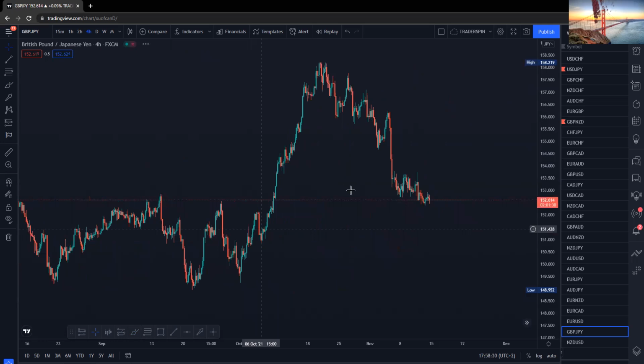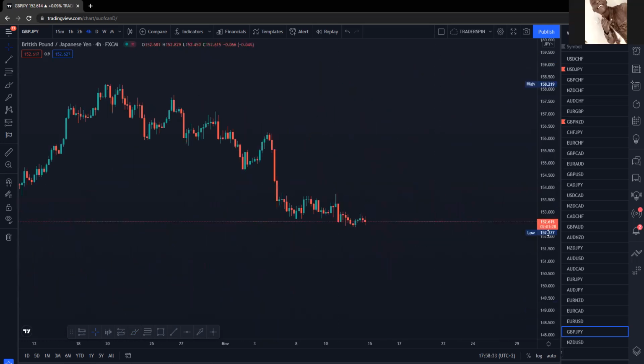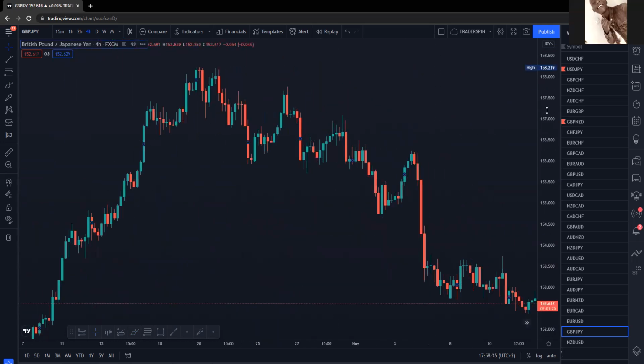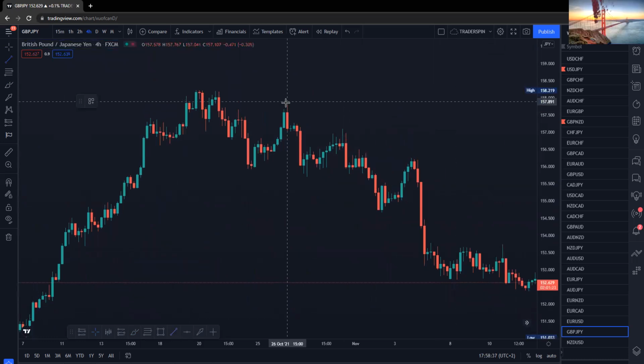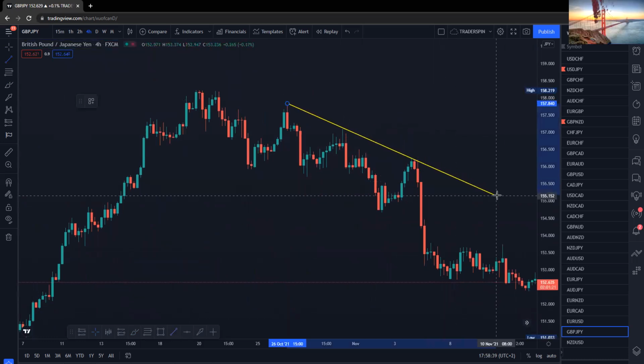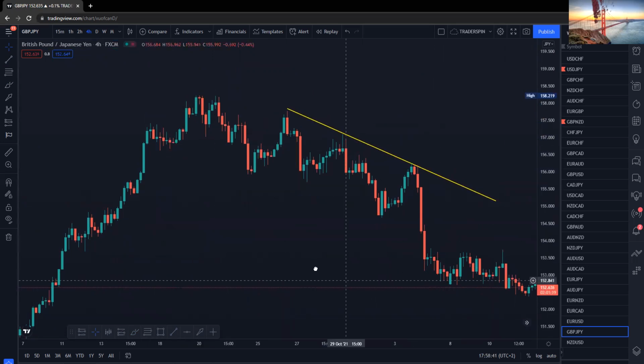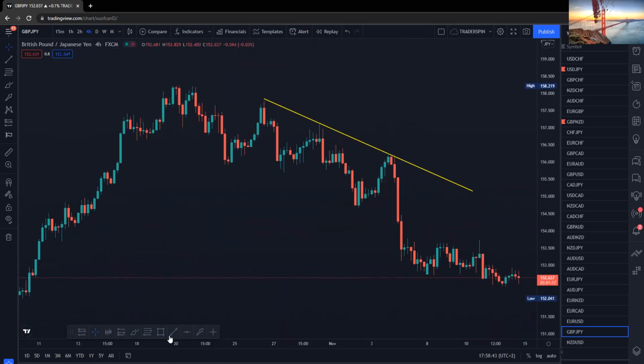Let me just make an example here. Let us say this was our trend line, right? And then let us just ignore that move there, and let us say price actually went here, and then let us say price is actually here, and then we actually get our candlestick pattern way here, right?